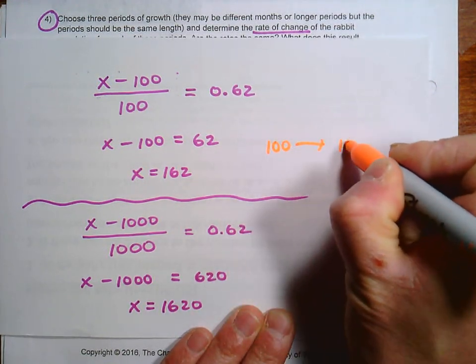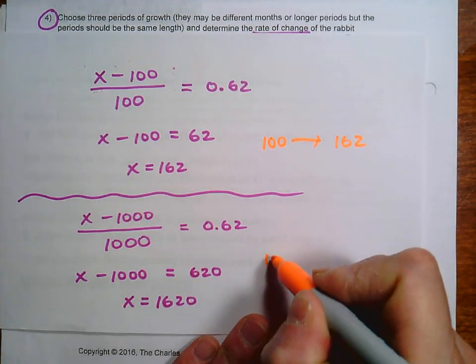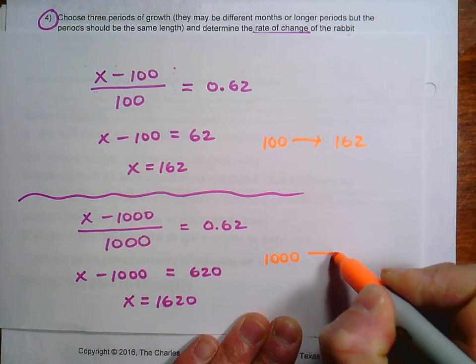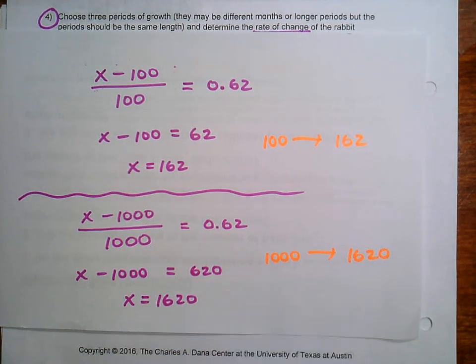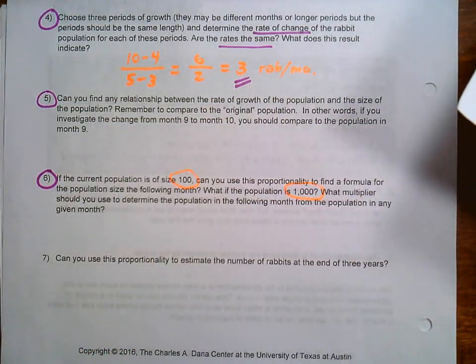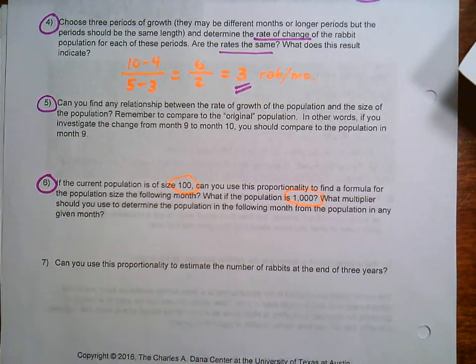So the thing to make sense of here, right, to answer this question, we're saying that 100 was the old, and now we've jumped to 162. In the second scenario, 1,000 was the old, and now we've jumped to 1,620. Right, so that's the pattern that we're seeing. So they're asking us in this question, what multiplier should you use to determine the population in the following month?